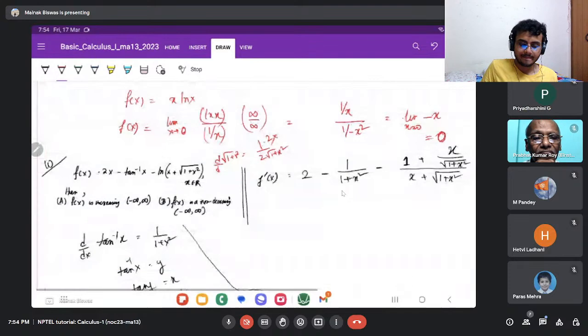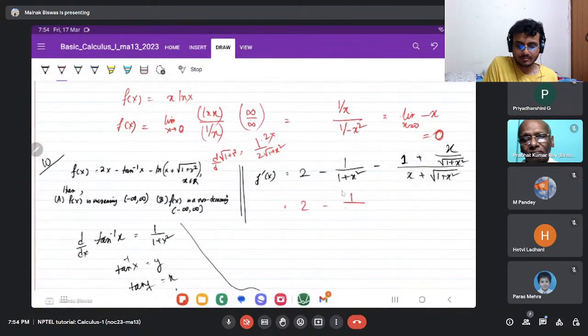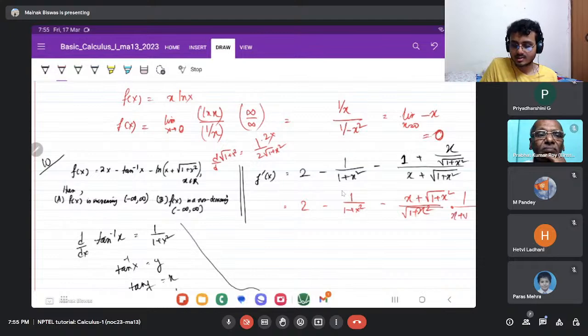You will have 2 minus 1 plus 1 by x square. The numerator will become exactly the denominator, right? And you will have x plus 1 over x square by x into 1 over x plus, this is 2 minus 1 plus x square plus 1 by root over.